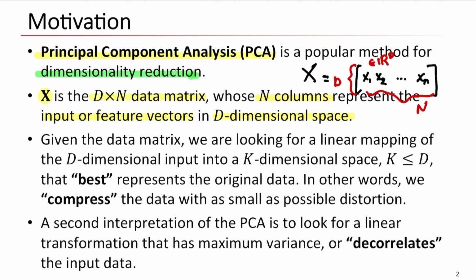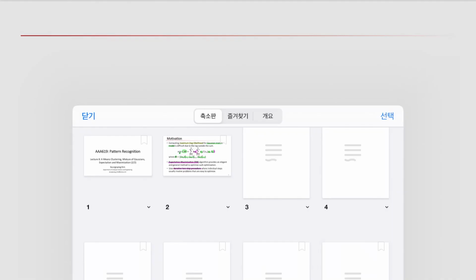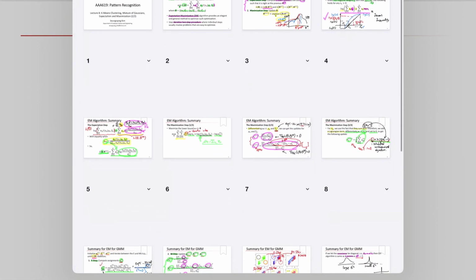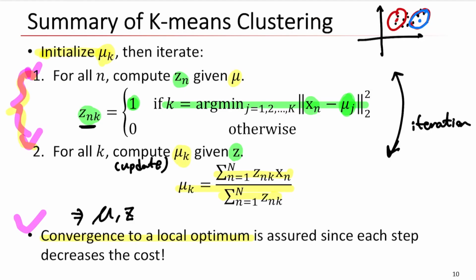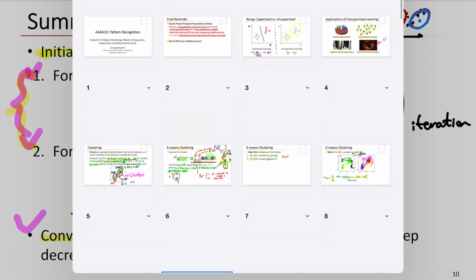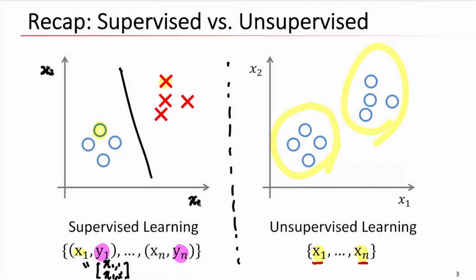This is the large n, right? So we have the data matrix here. If you remember our previous lecture on k-means clustering, that is one example of our data matrix X, right?